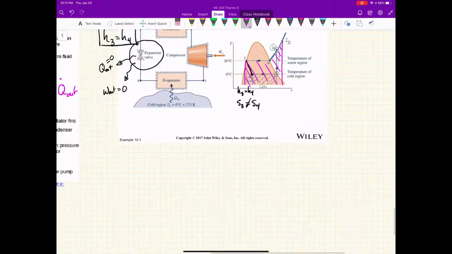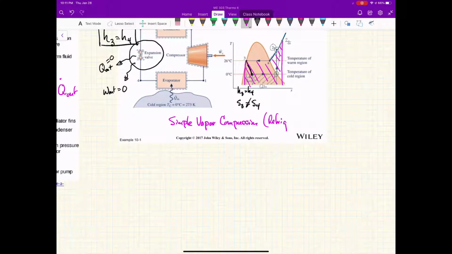So clearly the coefficient of performance of a standard or simple vapor compression refrigeration cycle, which is what this is, simple vapor compression, I'm going to put refrigeration here because your book likes to talk about that, but the HVAC industry simply abbreviates it as SVCC.